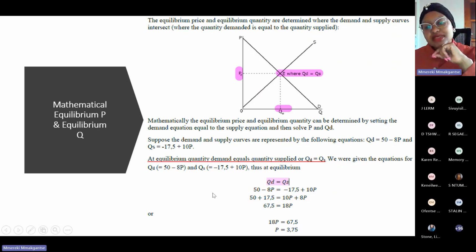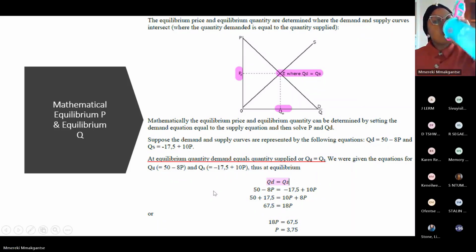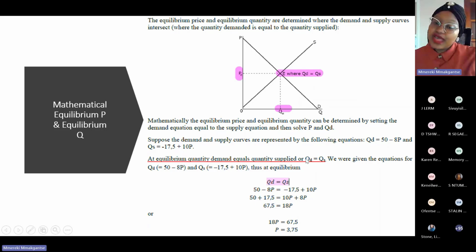At equilibrium, quantity demanded equals quantity supplied, or QD equals QS. Q is quantity, D is demand, S is supply. So at equilibrium, these are the same, and therefore you set them equal.